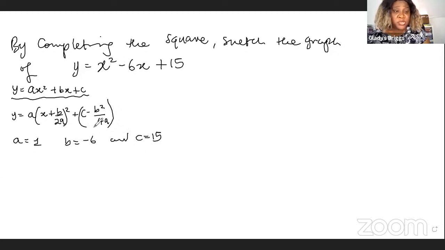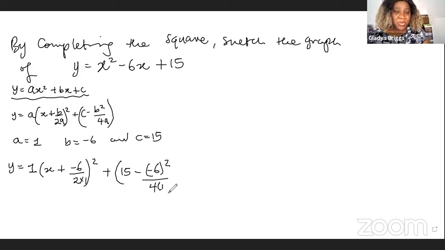You just plug them in, and then you can rewrite this as y is equal to 1 times x plus b, which is -6 over 2 times 1, squared, plus c, which is 15, minus 6 squared over 4 times 1.